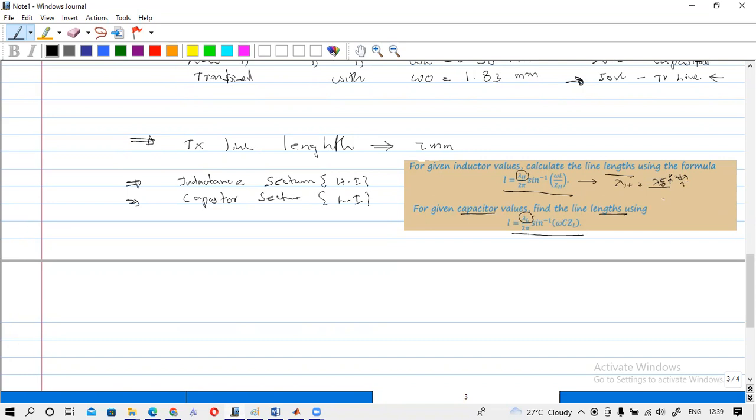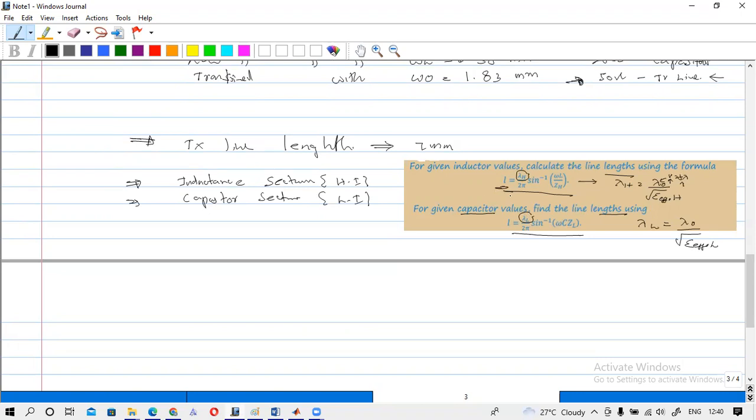Then you can calculate the lambda and divide it by epsilon effective related to the high impedance line, because high impedance lines are very narrow, so epsilon effective will be different. In the same manner, you find the guided wavelength for the low impedance section, lambda naught divided by epsilon effective related to the low impedance line. You have to use all these formulas to calculate the length.